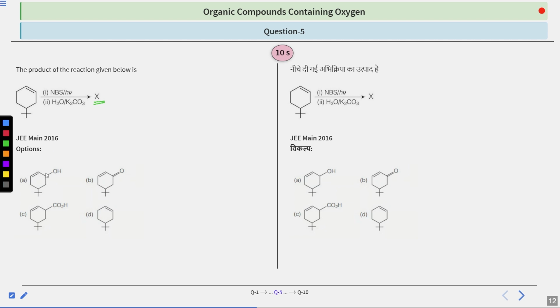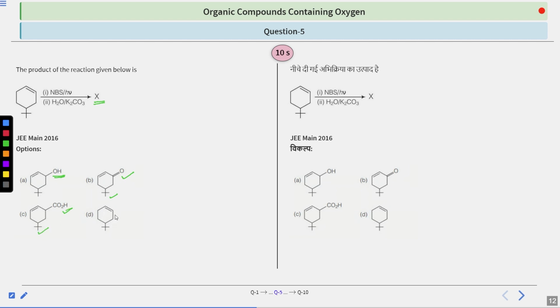Options are again a cyclohexene ring, but at the third position we have an OH group, and at the fifth position the side chain. Or again cyclohexene, but with a ketone group and the alkyl side chain. Or cyclohexene with a carboxylic group and the alkyl side chain.